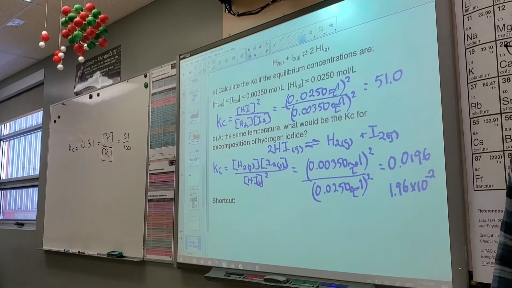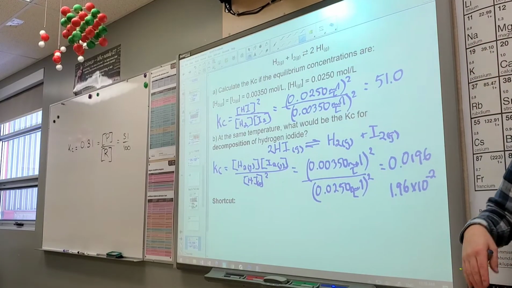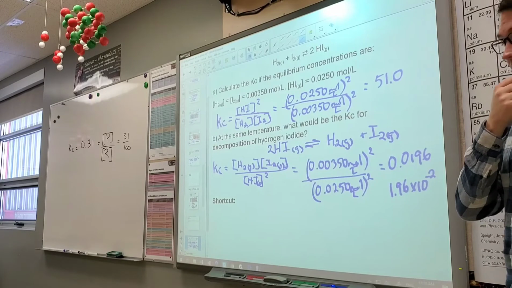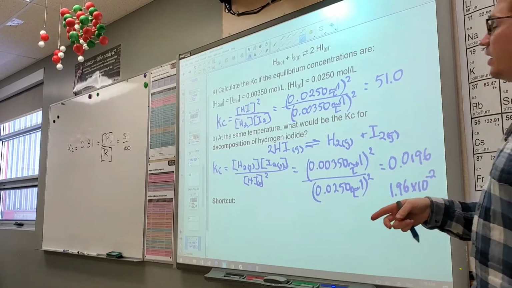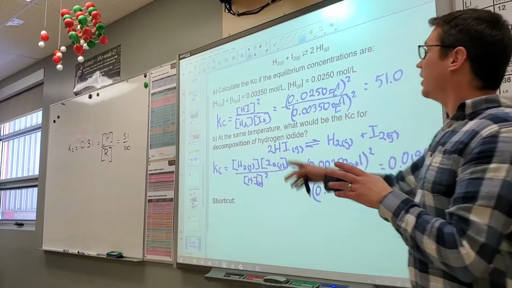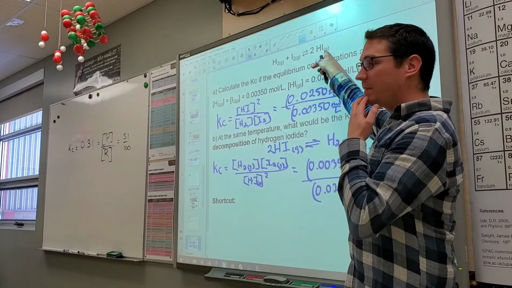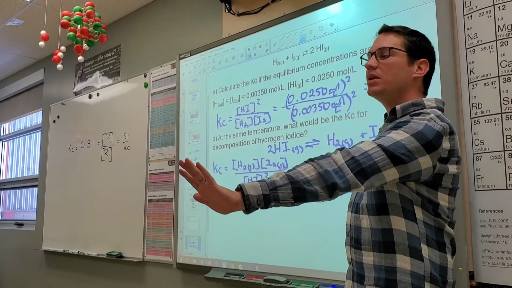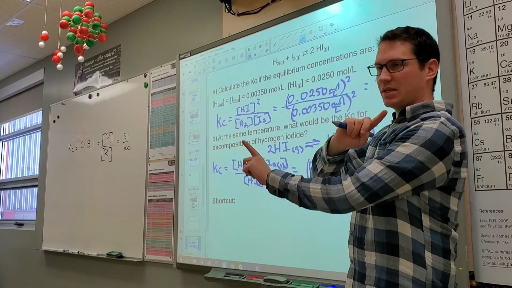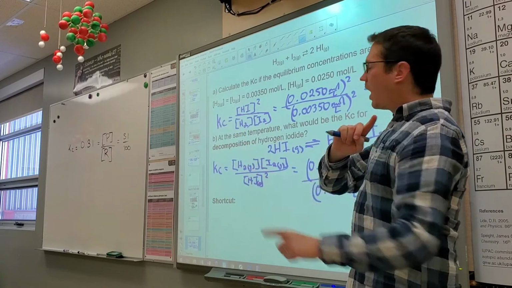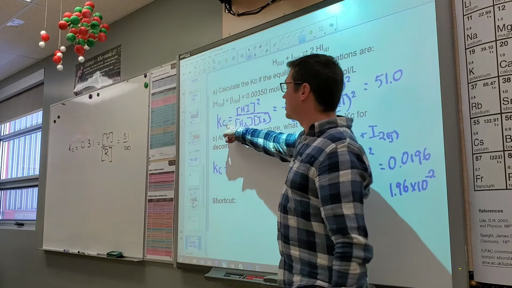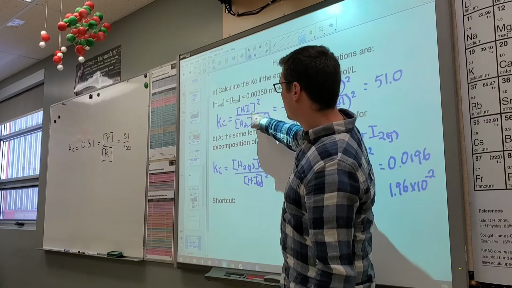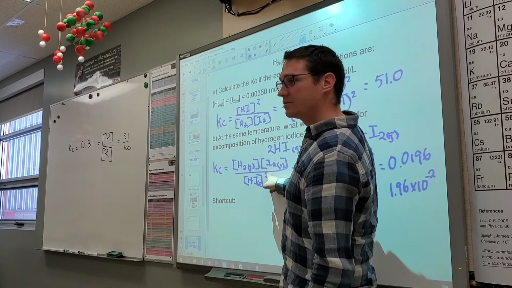That's great. There's a shortcut to this problem. Whenever I say something about a forwards reaction, and then I ask what the Kc would be for the exact opposite of this reaction, look at what happened to my Kc expression between here and here.